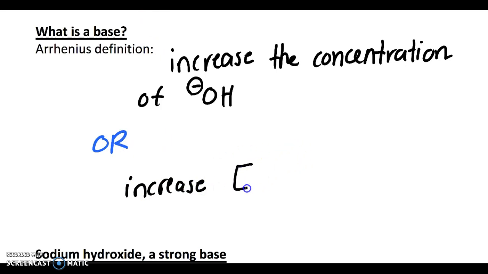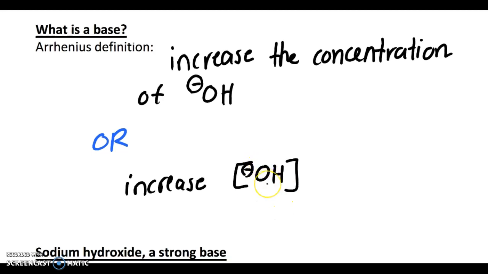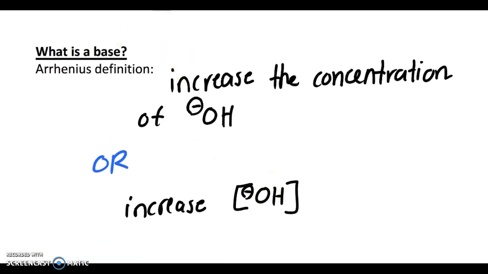Again, brackets denote concentration of, and then we have this guy. So acids, it was increased protons. Bases, it's increased OH. And OH, this is the hydroxide anion.